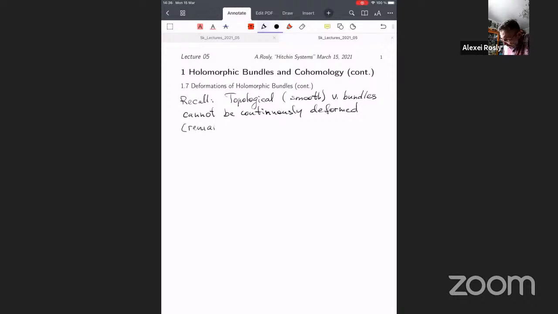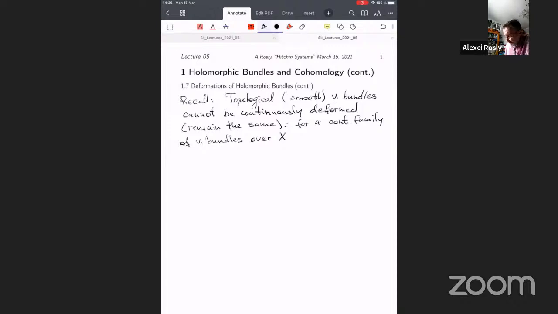In other words, if we take a continuous family of such bundles, which simply means that we take a continuous family of vector bundles over X, some manifold, say, which means that we have a parameter space.